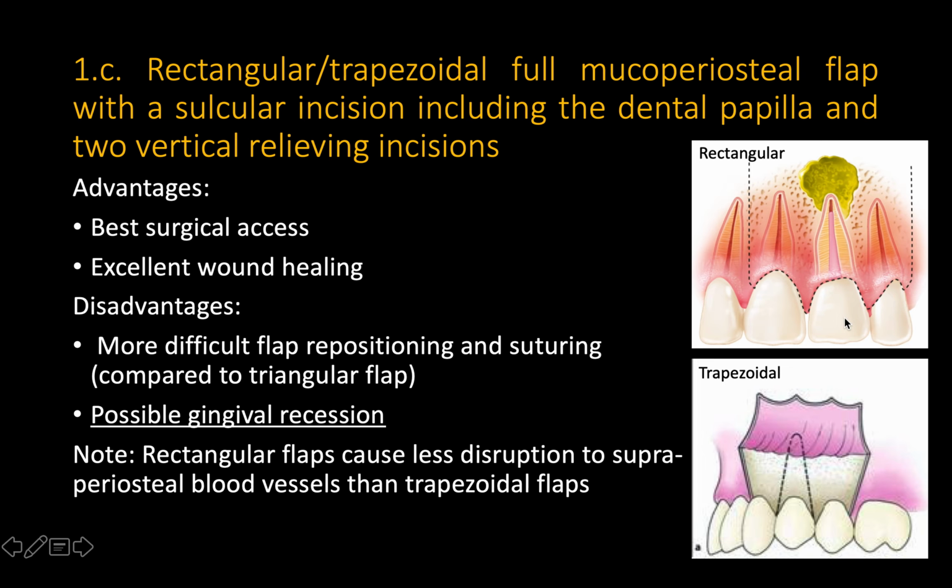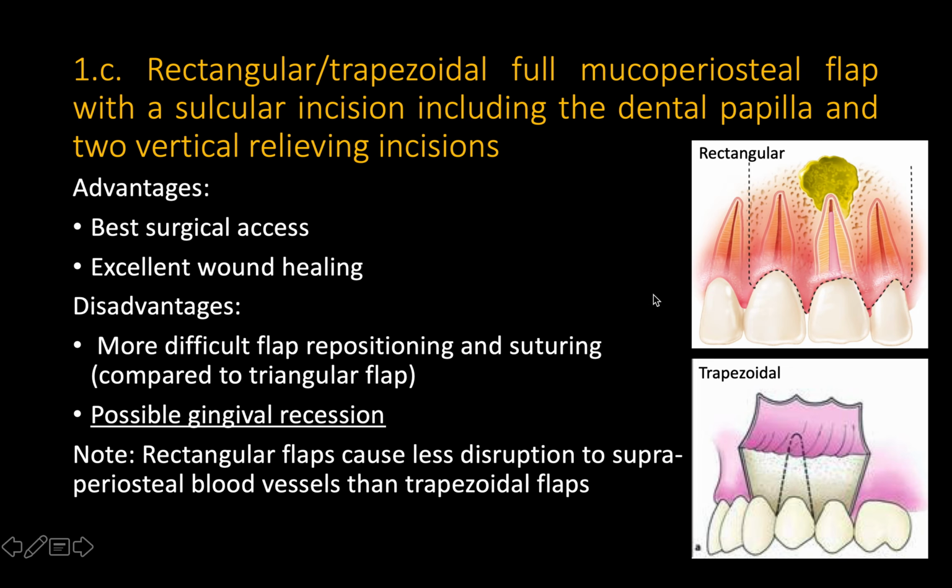We've said before that a rectangular flap design is better than the trapezoidal because it disrupts fewer blood vessels and gives you better hemostasis and better visibility during the surgery. These flap designs provide the best surgical access and excellent wound healing.